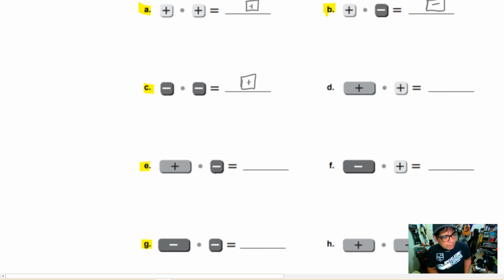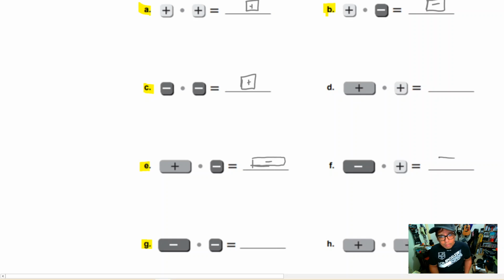Now, if I look at letter E, I've got an X tile, the long skinny tile, multiplied by a negative tile. So what that means is keep the same shape, but make the sign opposite. Same thing over here with the letter F. I've got an X tile and a unit tile.